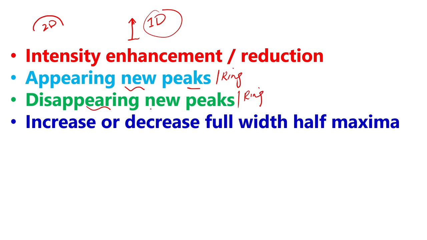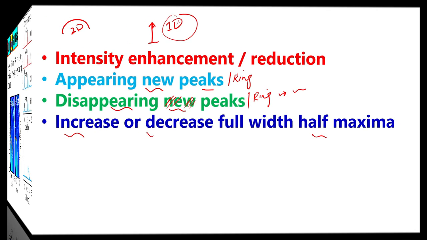When new peaks appear, we say some phase is forming. When some peaks or rings are disappearing, this means that the unwanted residue or those phases are disappearing. Another important thing is the increase or decrease in full width at half maximum in the case of one-dimensional peaks.